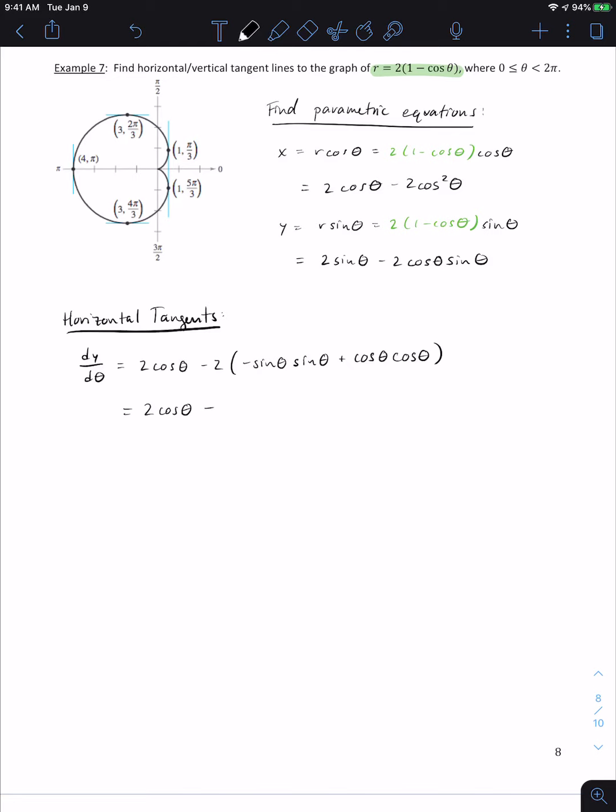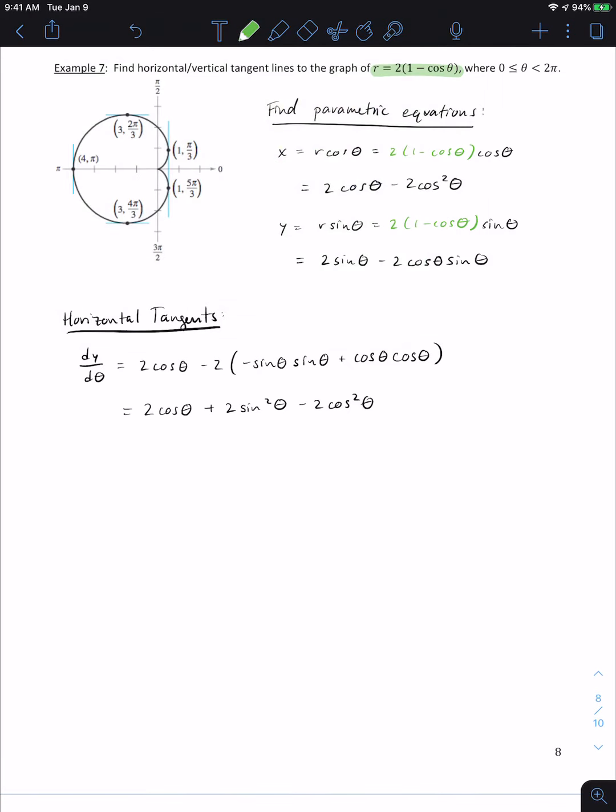Now simplifying, distributing the 2 as well, I end up getting plus 2 sine squared theta minus 2 cosine squared theta, right? Unfortunately, I cannot do sine squared theta minus cosine squared theta. This doesn't simplify into 1 like you think it should, because remember, the Pythagorean identity says that cosine squared theta plus sine squared theta gives us 1.